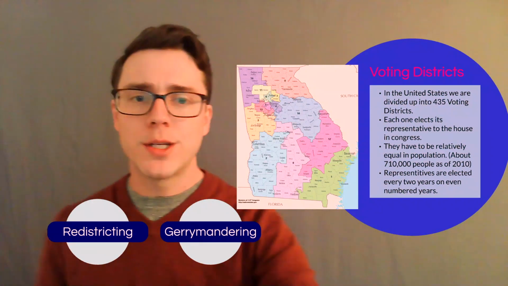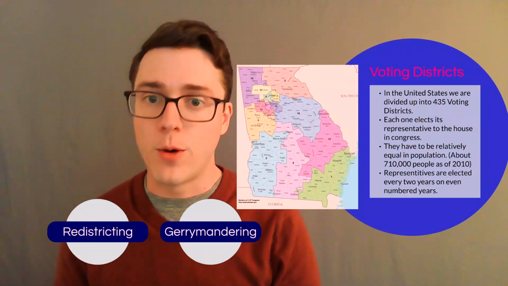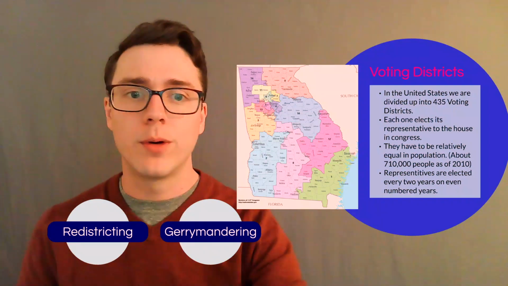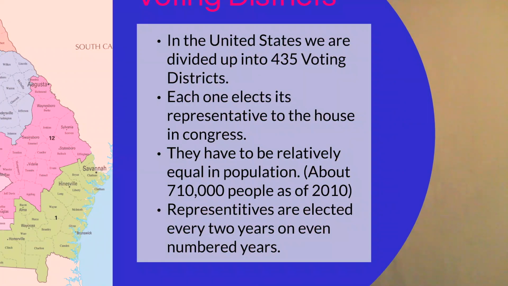And there's a lot of reasons why we look at internal boundaries, but one of the biggest ones is voting. And when we get into political geography, it's important that we understand the way that we vote in the United States. So in the US, we're divided up into 435 voting districts. In those voting districts, each one elects its own representative to the House of Representatives in Congress.